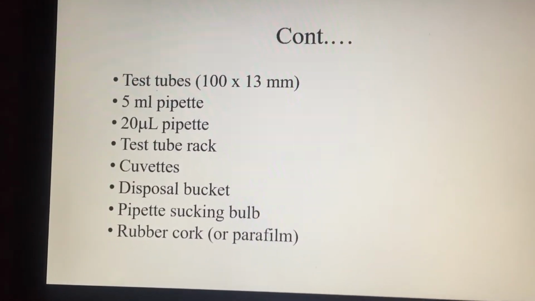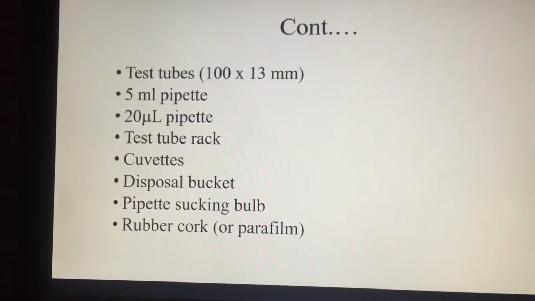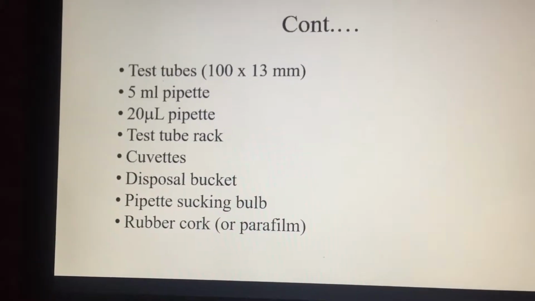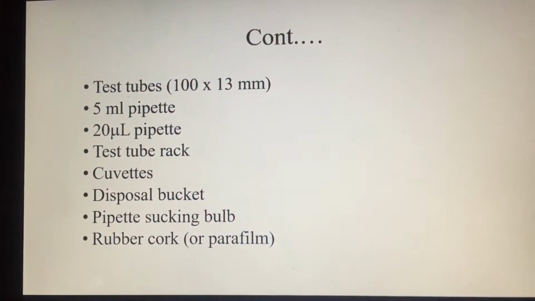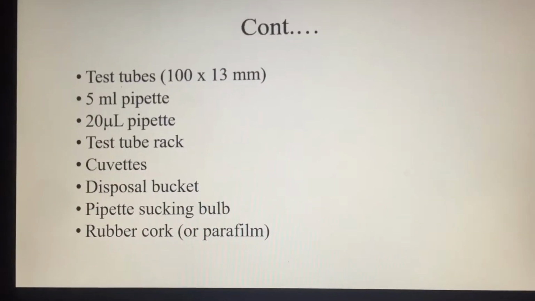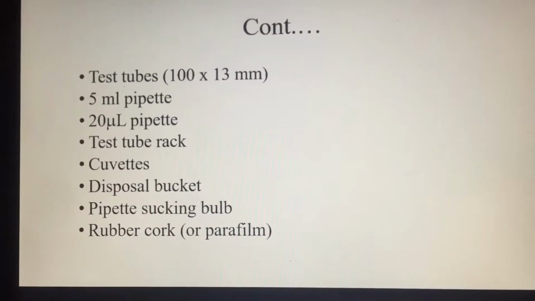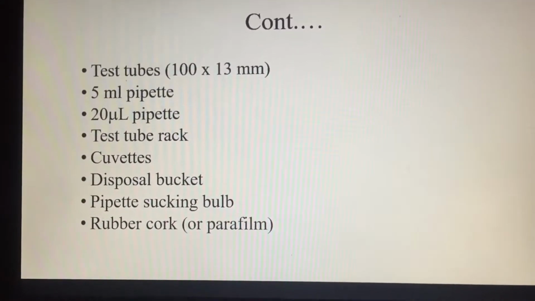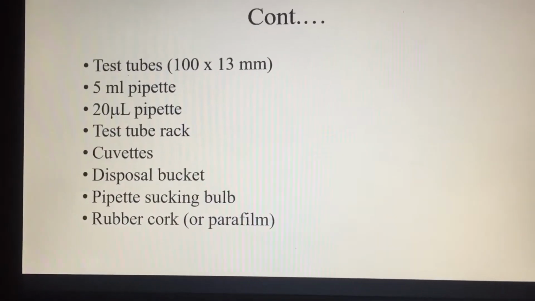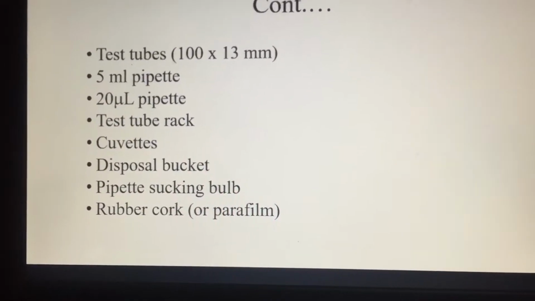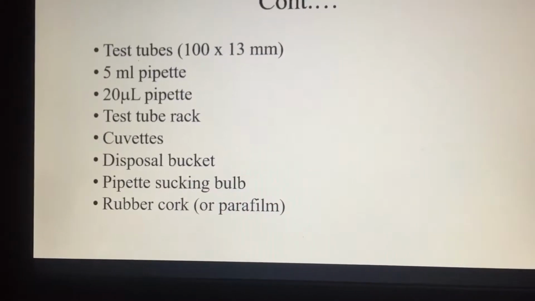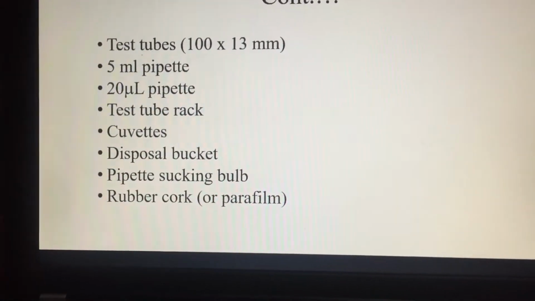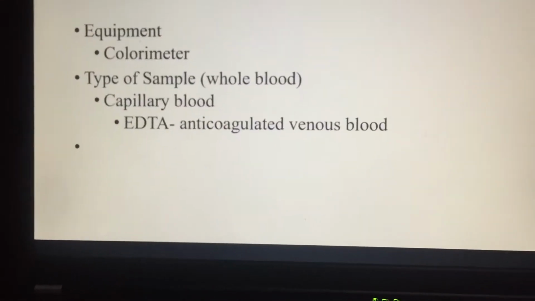Also we have a test tube rack, cuvette, and a disposal bucket, or waste container, because when you finish performing the method, you have to dispose of your waste. Also we have a pipette sucking bulb, and lastly a rubber cork or parafilm.